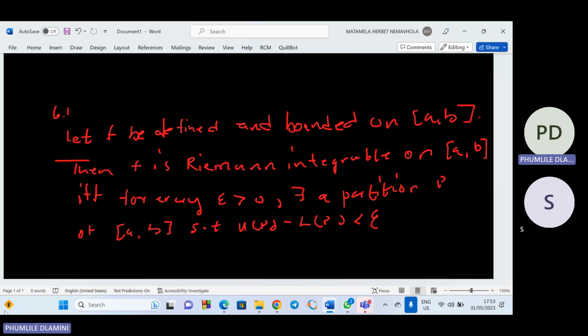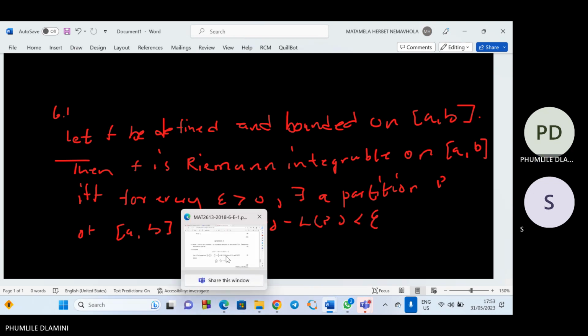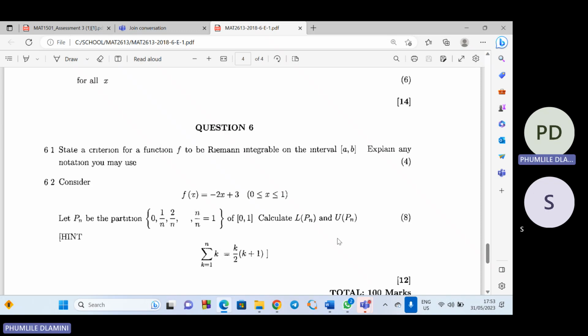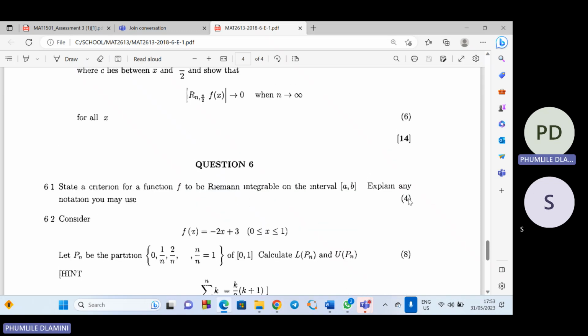That's all. This is for 4 marks, just to state that proof.